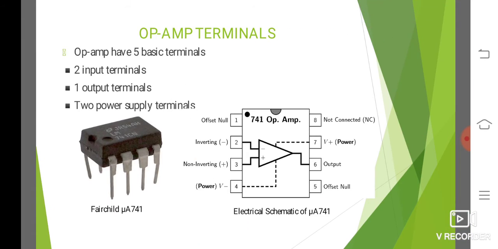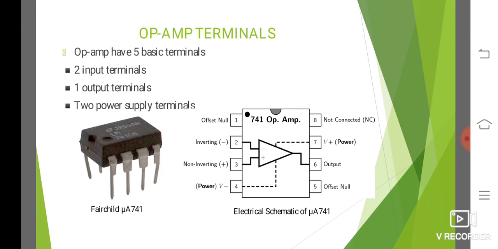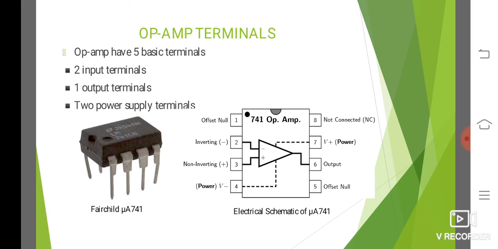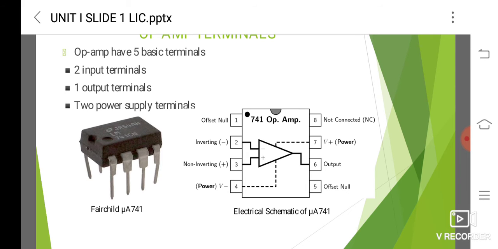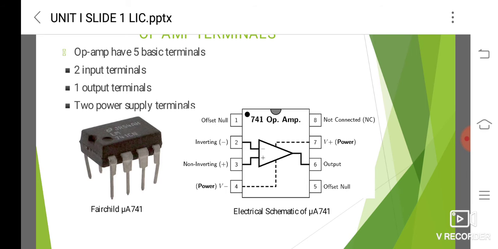Now we can see the op amp terminals. This figure shows the schematic diagram of the MUA741, and this is the actual IC MUA741. The op amp has 5 basic terminals: 2 input terminals, one output terminal and 2 power supply terminals. The second pin is the inverting terminal, and the third pin is the non-inverting terminal.